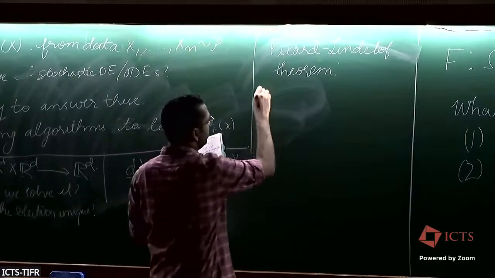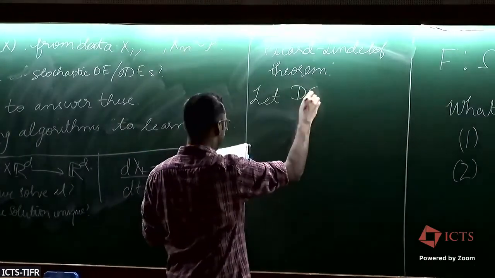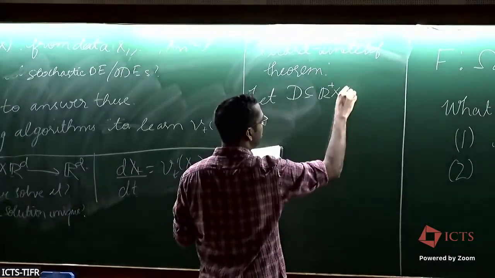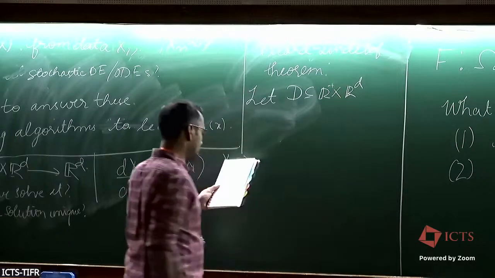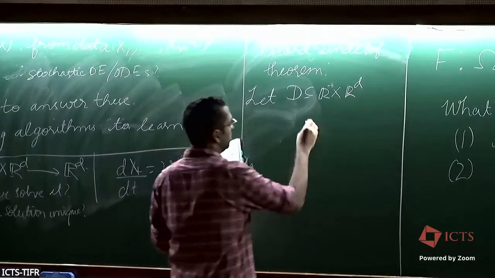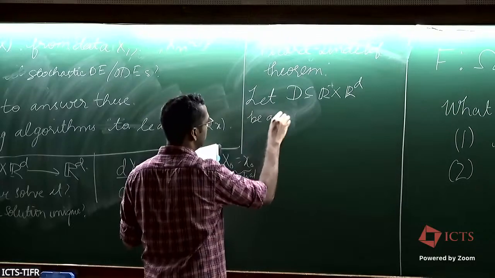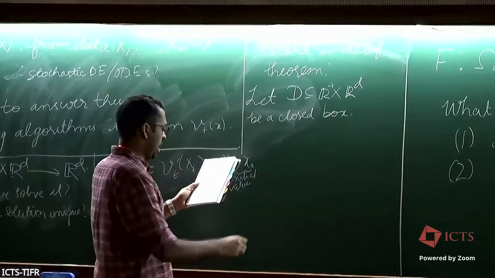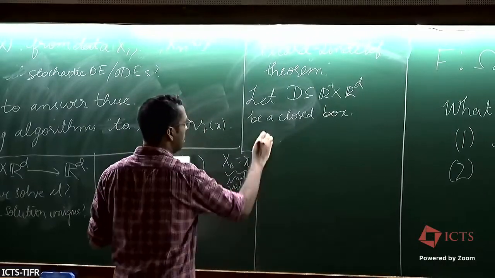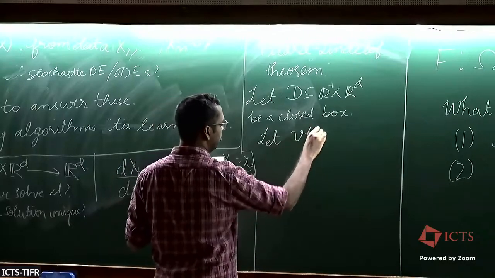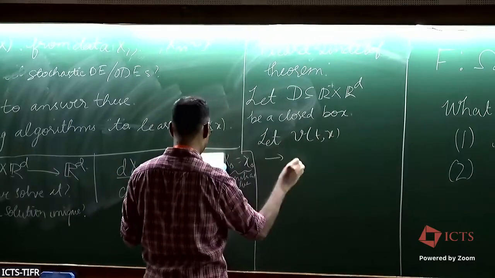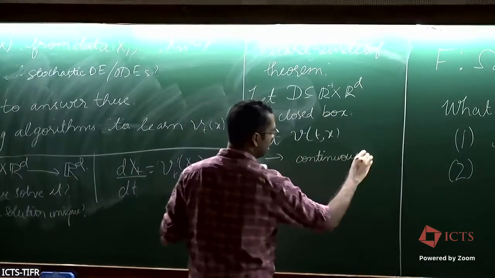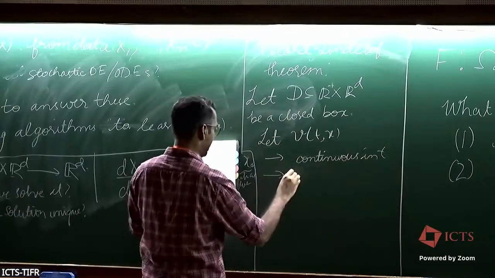There is a domain D, which is a rectangle in R^D, and this is a closed box. Let V(t, x) be, one, continuous in t, and two, Lipschitz in x.